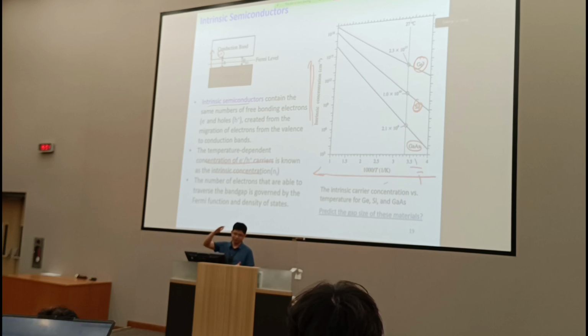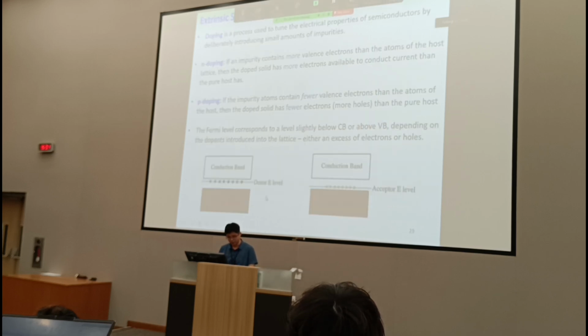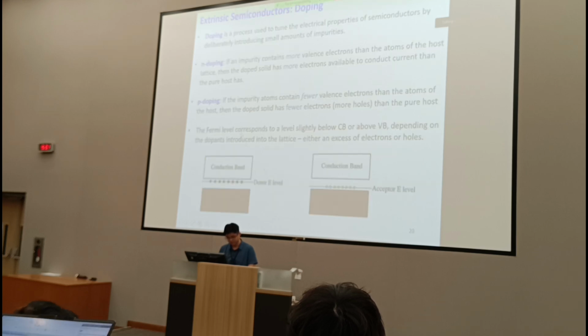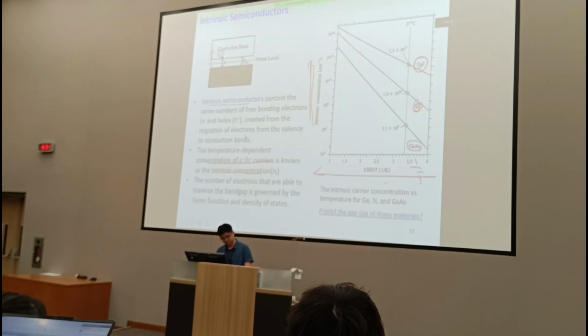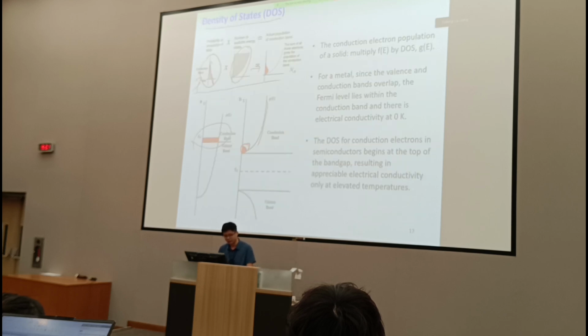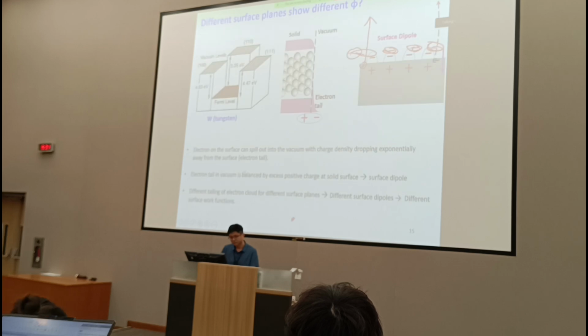If that gap is very big, then in terms of the Fermi-Dirac distribution we mentioned earlier, that E component will be very big. That reduces the probability.